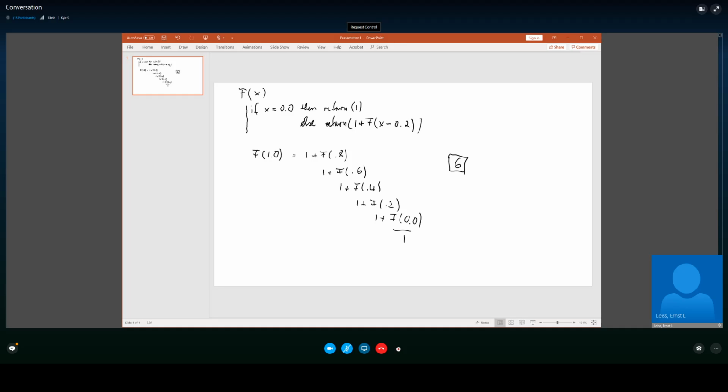Of course, I've written it in a way that lends that function to be directly implemented as a program, as a program fragment. And so the question is then, what do you think is going to be the value that is returned if we call this with f of 1.0?